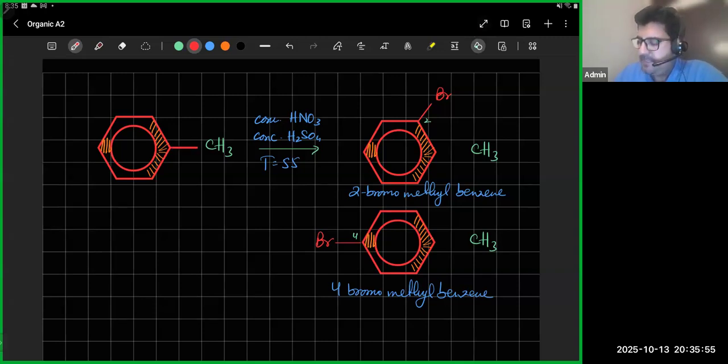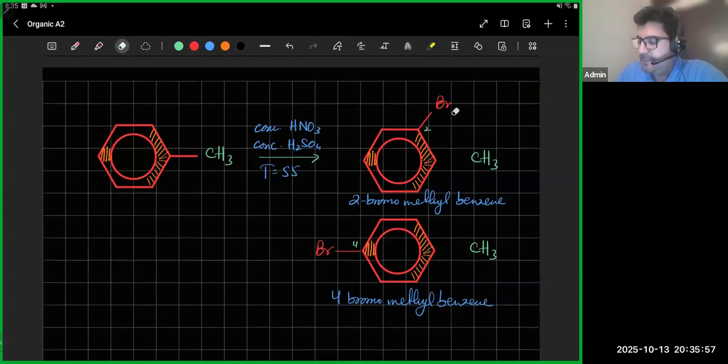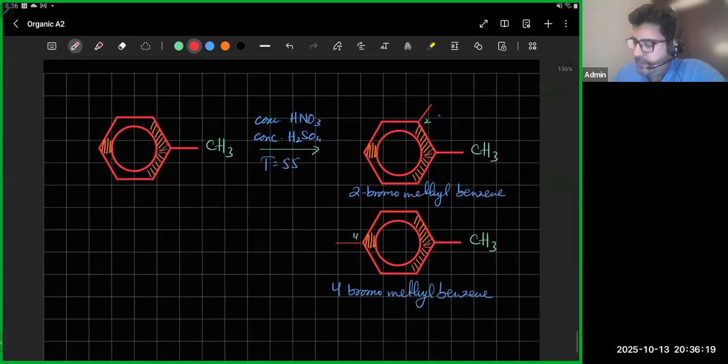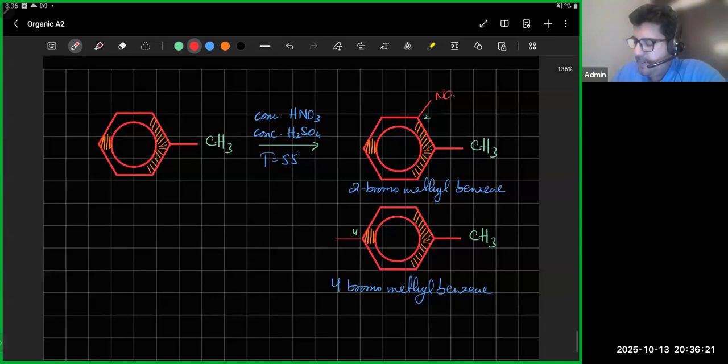So you've got methyl benzene, and there are no differences. There's going to be an NO2 attached. Instead of Br, you will have NO2 attached.